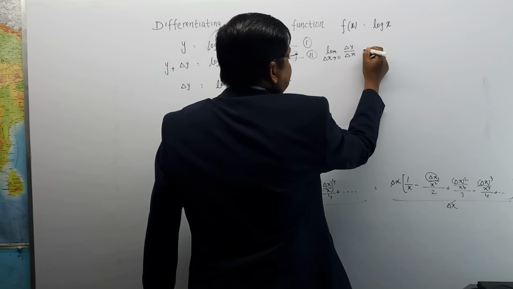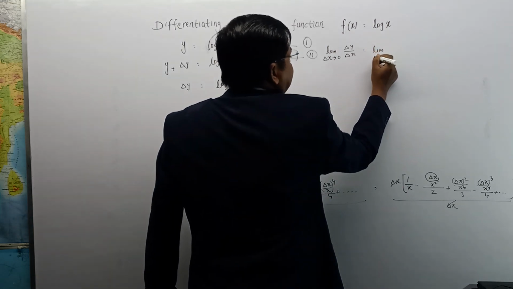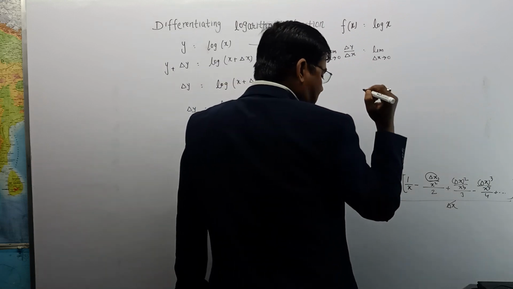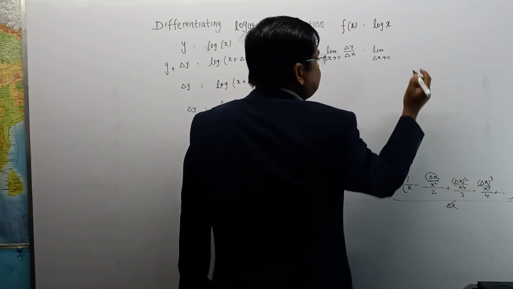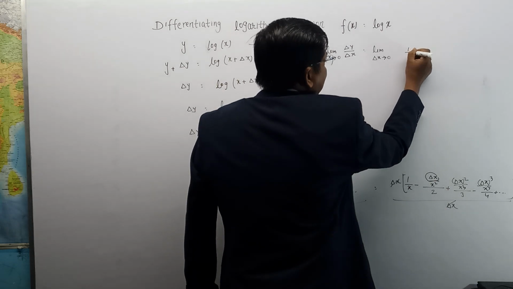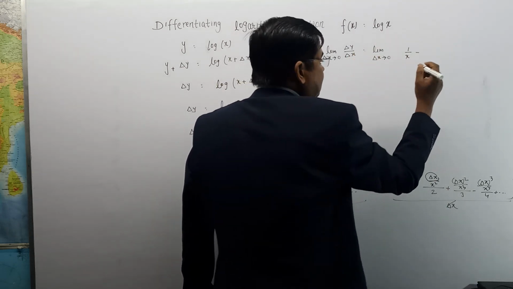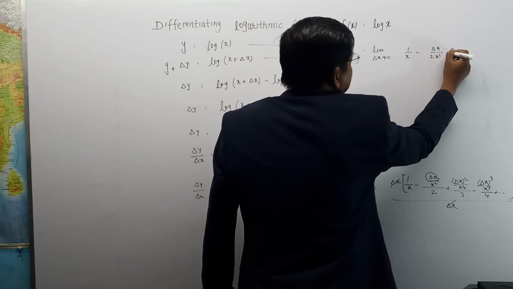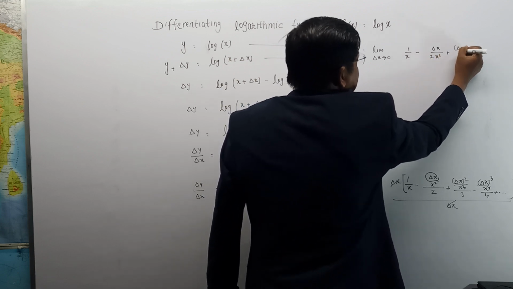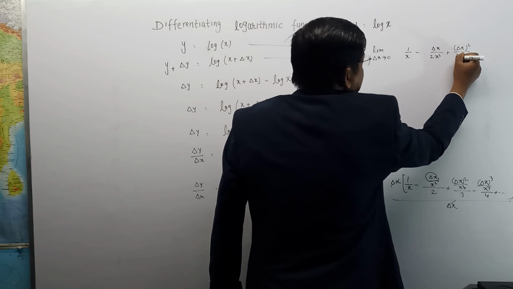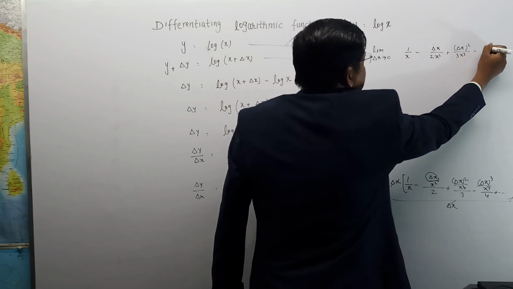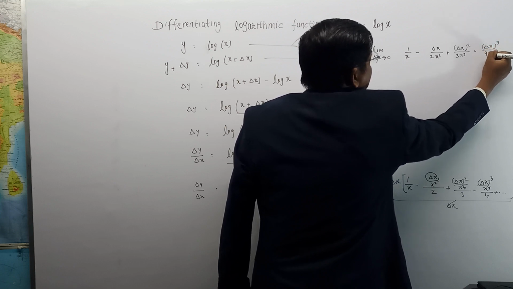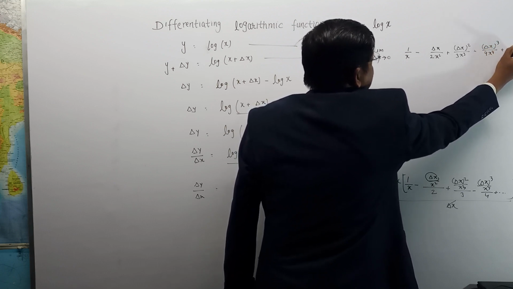This is equal to limit delta x tends to 0 of the remaining expression: 1 over x minus delta x over 2x square plus delta x raised to the power 2 over 3x cube minus delta x raised to the power 3 over 4x4 and so on.